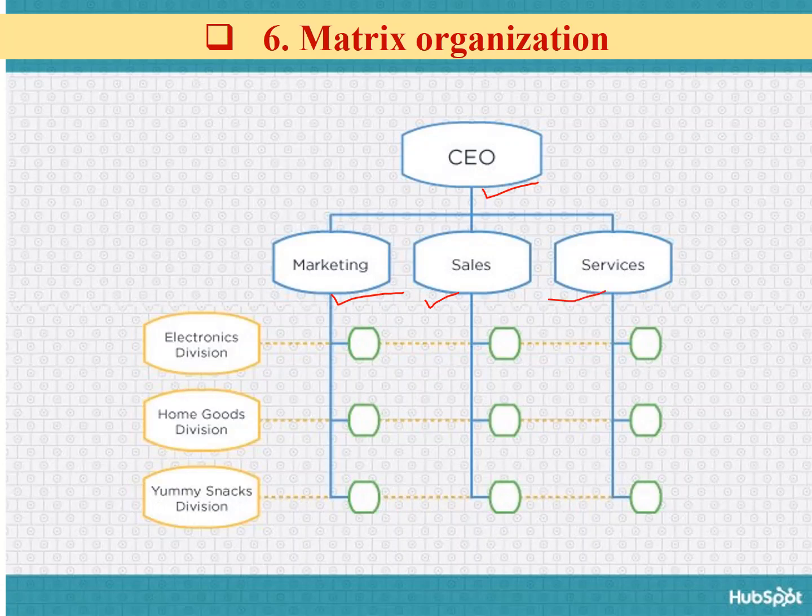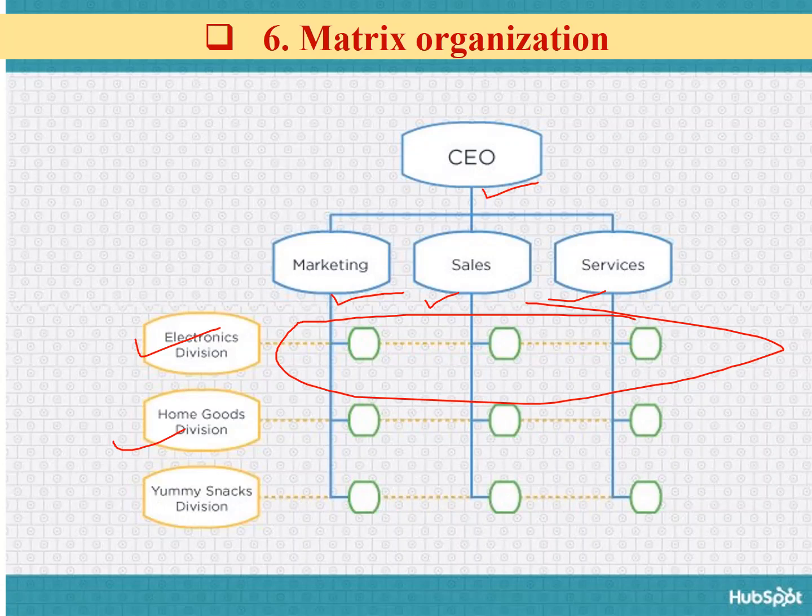Under this, the line structures are there, and these are the project one. This is the electronics division, home division, or snacks division. These are the projects. Okay, for this project manager, this team will work. Also, they have to report to this one also. This is this type of matrix organization.